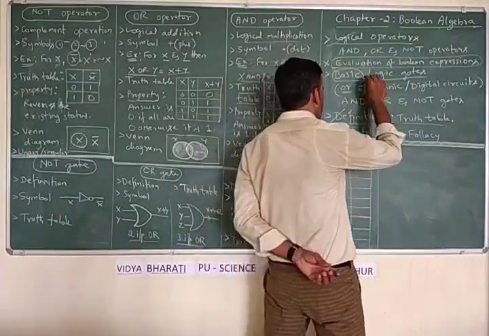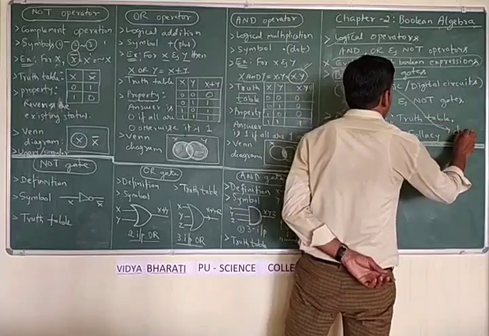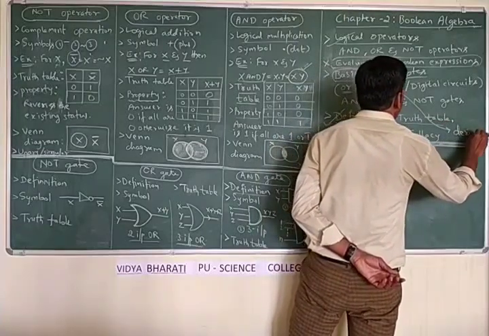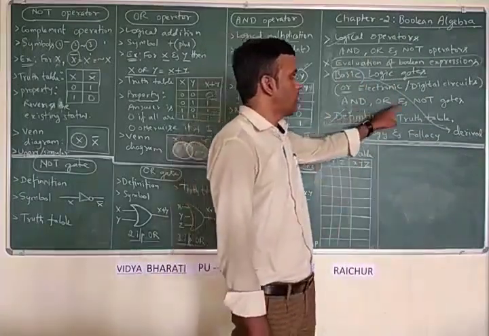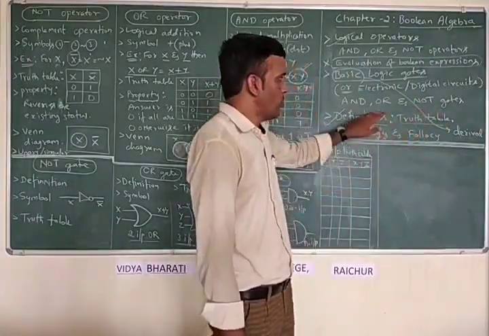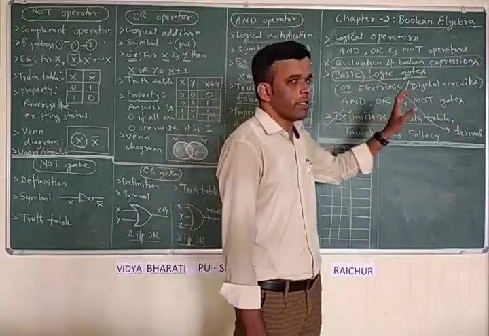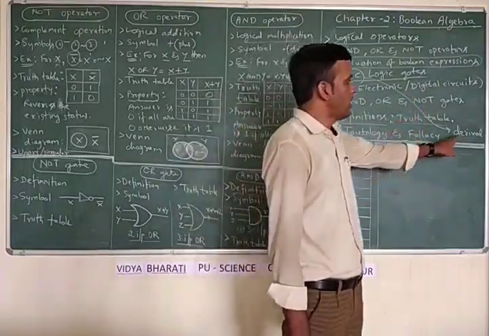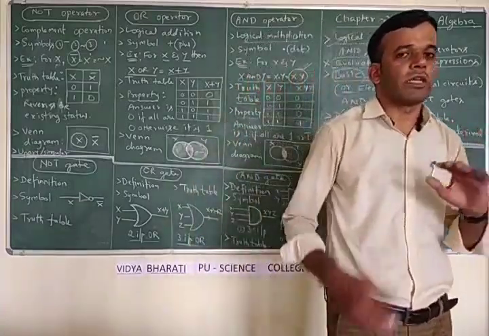Those gates are called derived gates. So these three, AND, OR, NOT, are basic gates. We are learning them here itself, whereas the other type of gates, derived gates, we are going to learn in the next chapter.